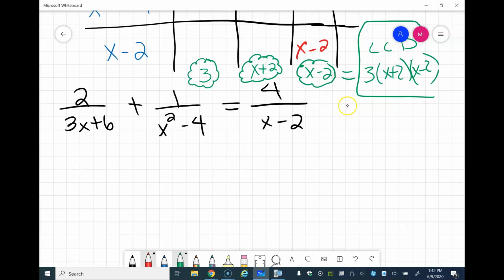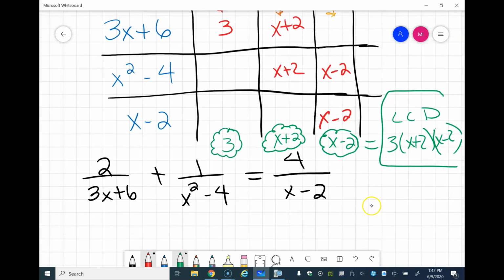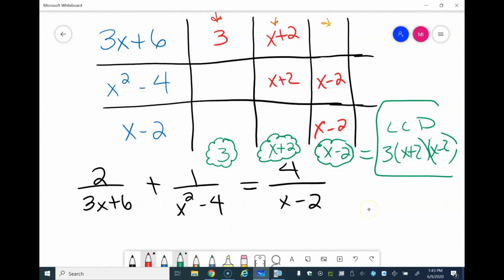So what do we do with the LCD? We take the LCD and multiply it to each part. Now here's a little bit of a shortcut. If I look at the row of 3x plus 6, I notice that it's missing something.